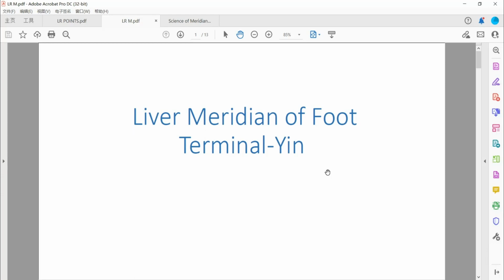Gallbladder and liver are interiorly and exteriorly related to each other. Liver meridian of foot terminal yin.